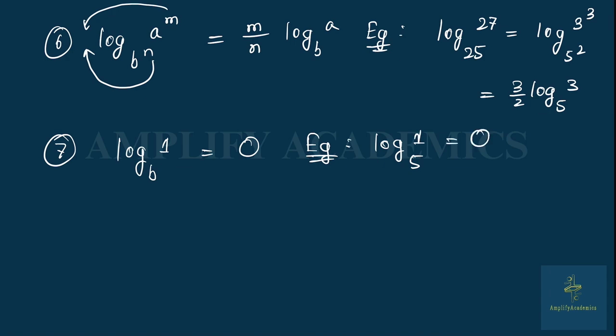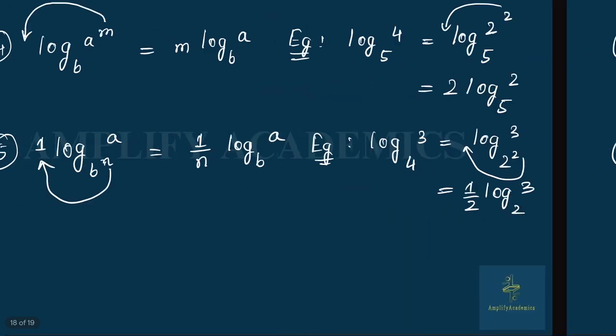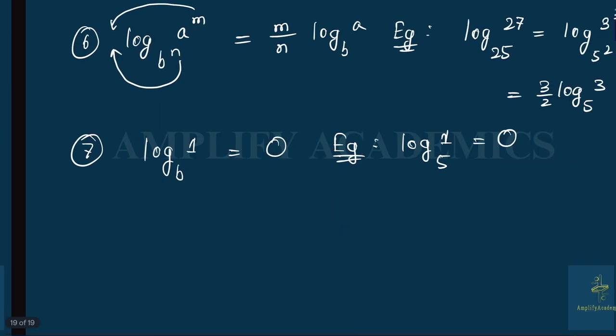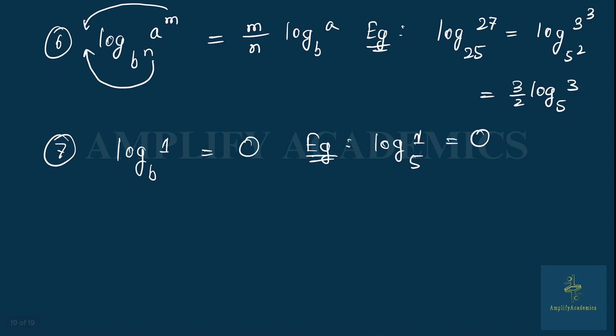So the explanation behind this is we're going to use property 4, which is when you have a power on the argument and you bring it in front of log. Let's say log base 5 and the argument is 1.